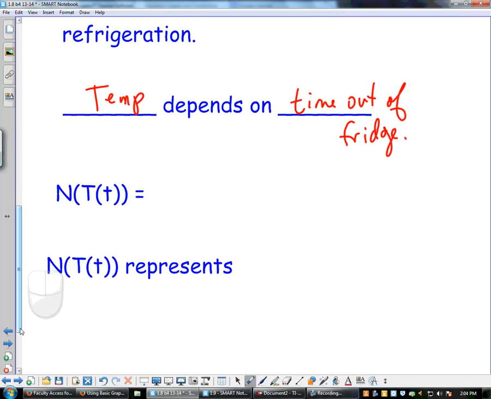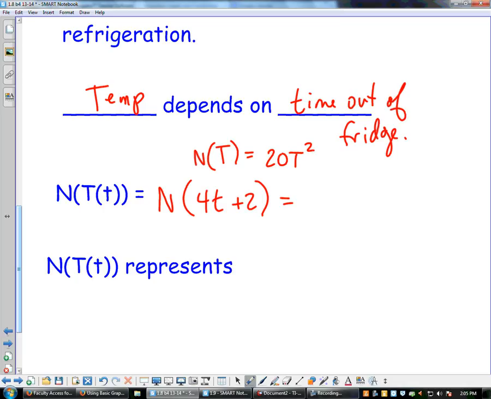N of capital T of t, that's going to be N of, what was our equation? 4t plus 2. And that means we need to plug in 4t plus 2 wherever we see a T in the N of T equation. Right?